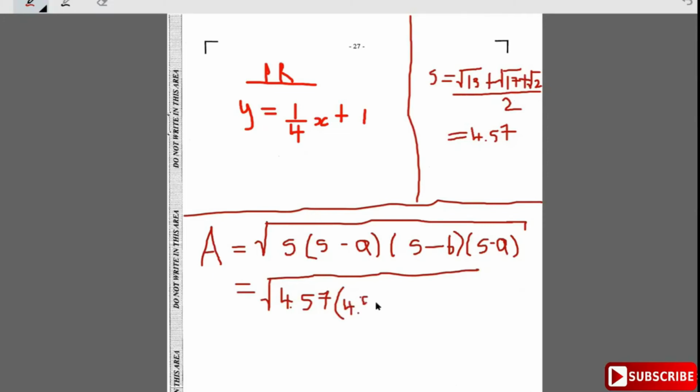So 4.57 minus the root of 13, times 4.57 minus the root of 2, times 4.57 minus the root of 17.